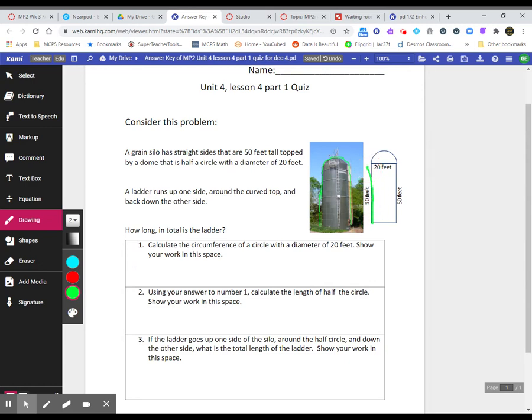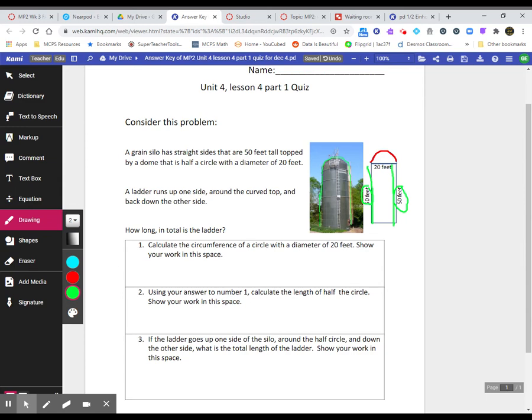That's 50 feet. It goes over this side. We don't know how far that is. And then it goes down the other side, which is another 50 feet. So the problem is, how do we find out this part here, which is half a circle?